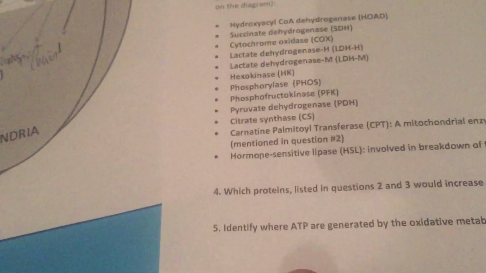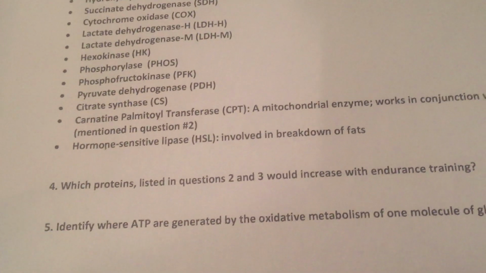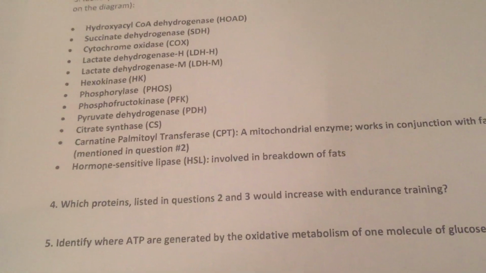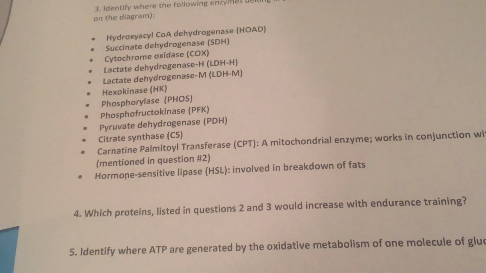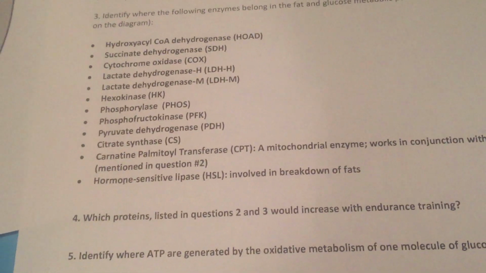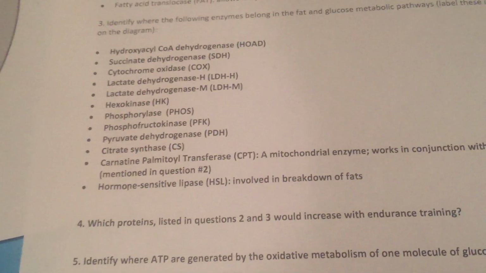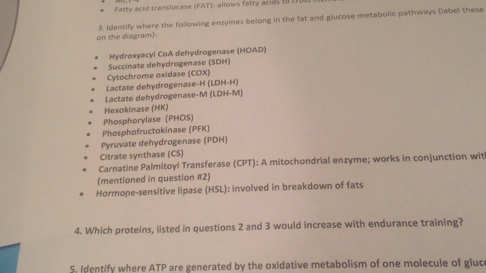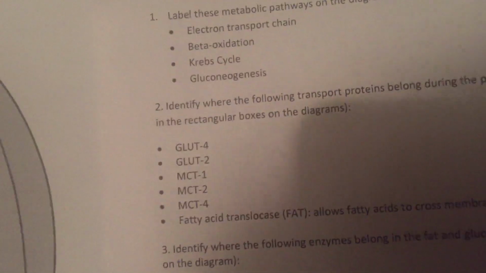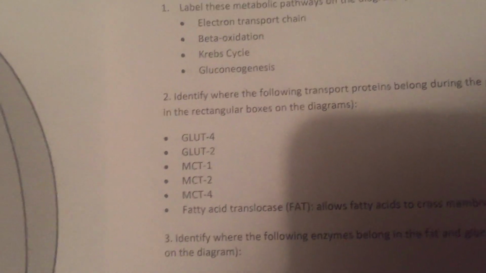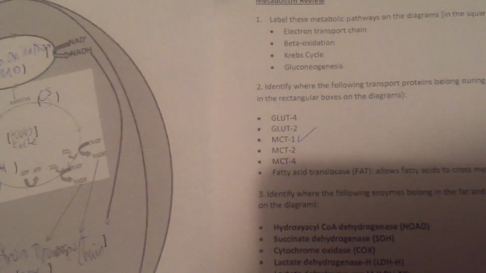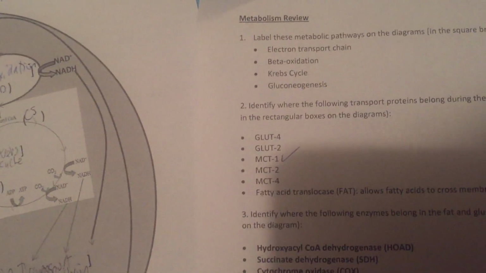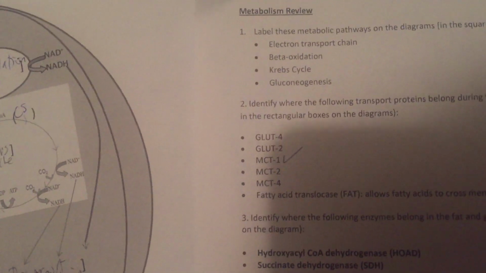Okay, the next question I have here has to do with which proteins listed in questions 2 and 3 would increase with endurance training. Well, first of all, it would be any of the proteins that are located in the mitochondria. So any of the transport proteins or any of the enzymes that are in the mitochondria. So for the transport proteins, you have MCT1, which is involved in getting lactate across the mitochondrial membrane for oxidation.